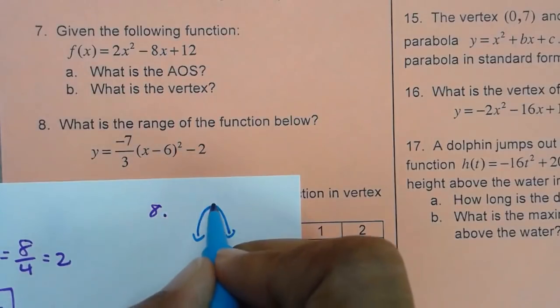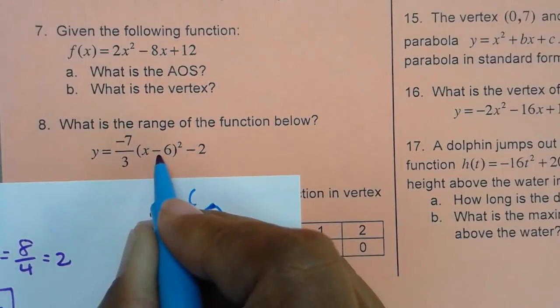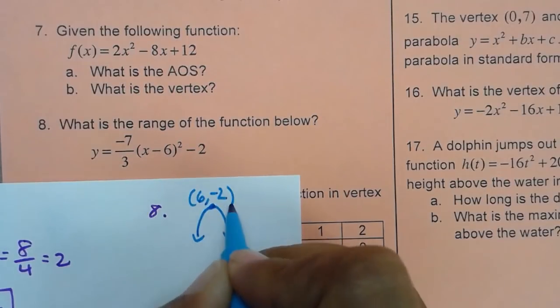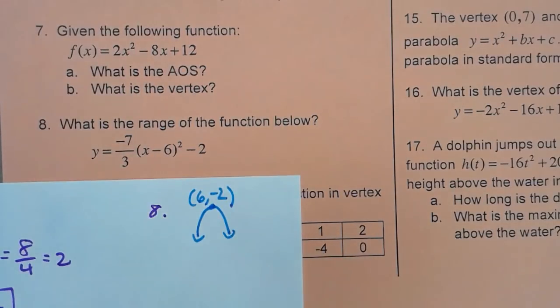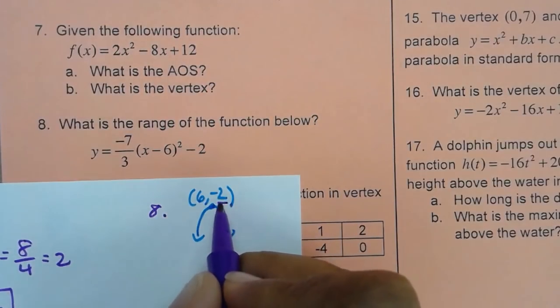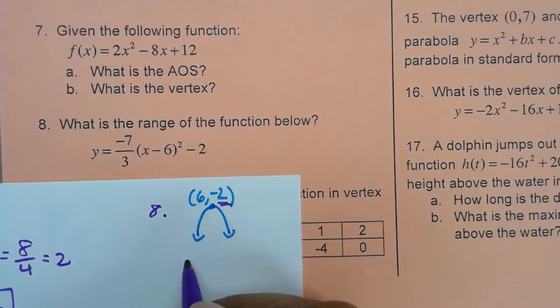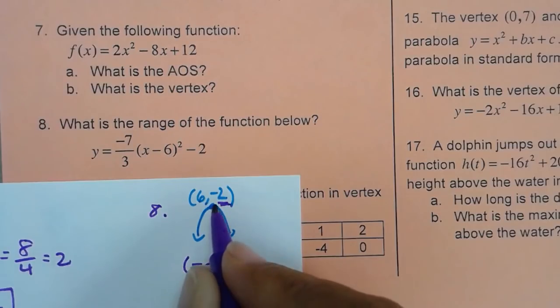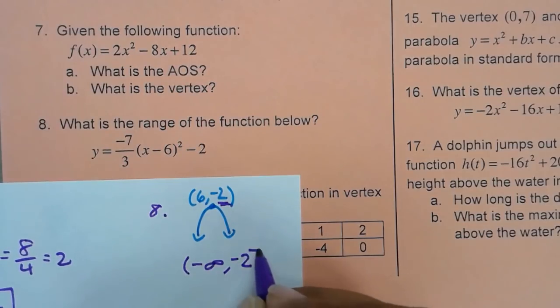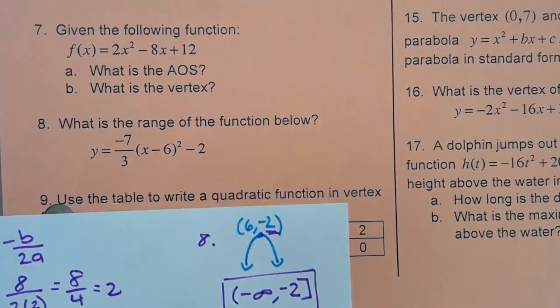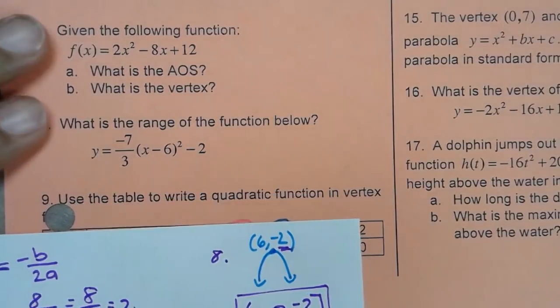This gives me the vertex, which I know is going to be positive 6, opposite, and then same, negative 2. Since we're looking at the range, we're looking at the y value. So what is the y value in this coordinate? Negative 2. And since the graph is going down on and on forever, it starts at negative infinity, and then it goes all the way up until it hits negative 2. And that's the range.